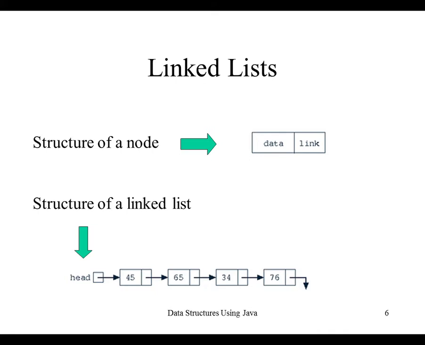Therefore, in this figure, the info or the data of the node can be either a value of primitive type or a reference to an object. A linked list is a list of items called nodes, in which the order of the nodes is determined by the address, called the link, stored in each node.